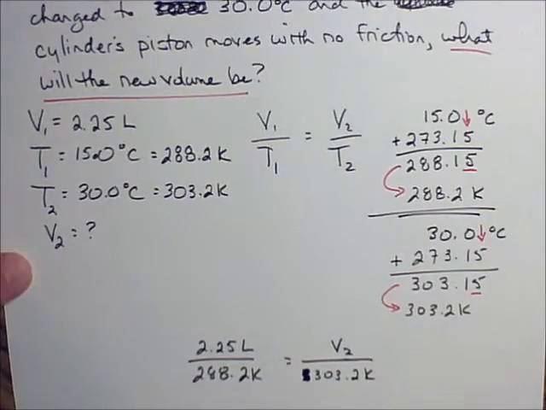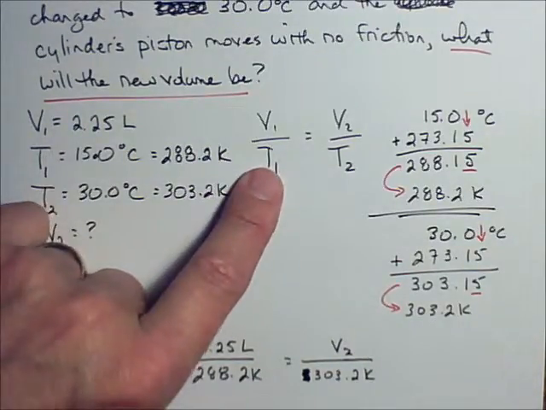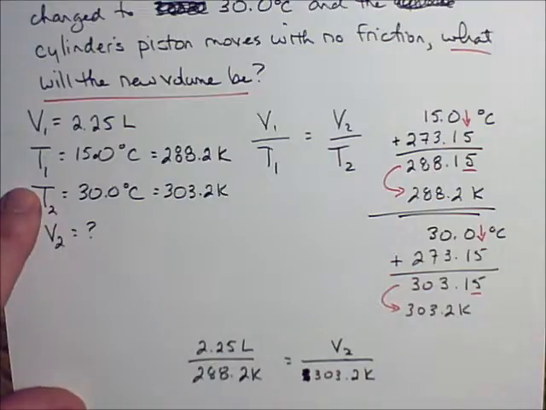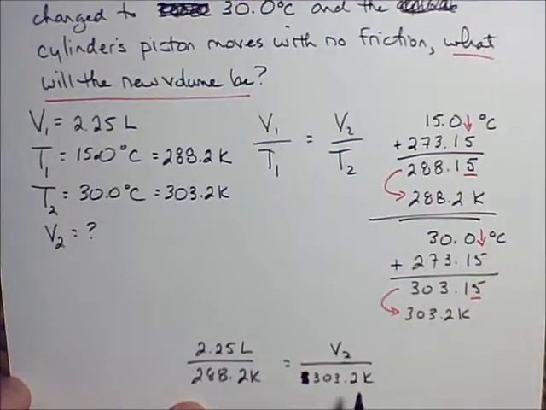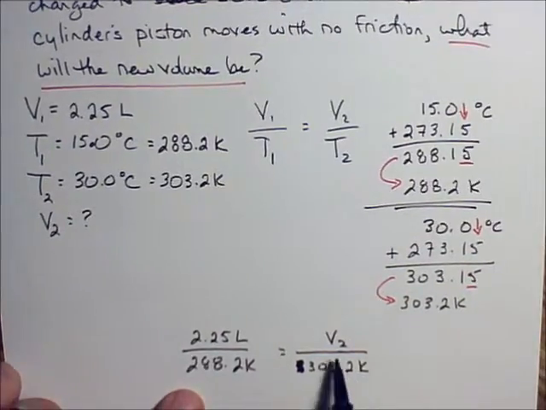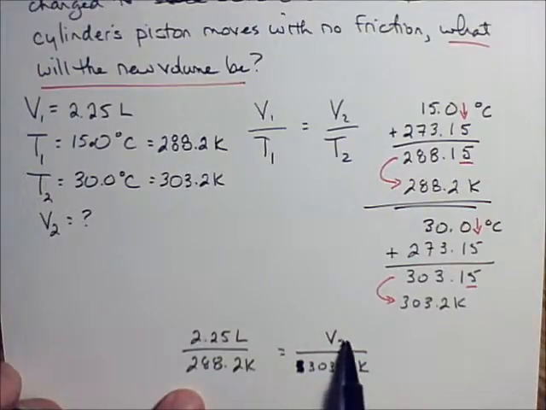So that's the third step. First step was make a list of knowns and unknowns. Second step was to write out the equation that best fits those knowns and unknowns. Third step was to plug in the known values we have. Now we want to isolate the unknown. So this is the step I said earlier you might not know what the term means. What we're trying to do by isolate means get something by itself. So we're trying to get V2 all by itself.